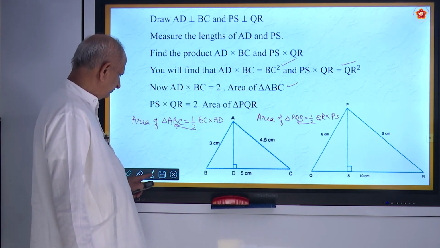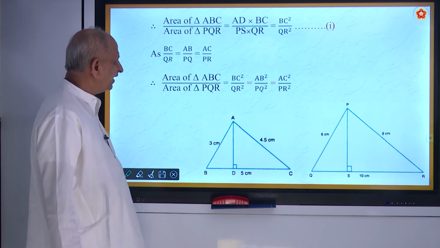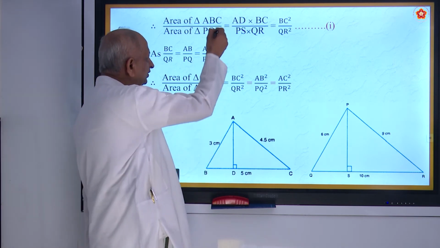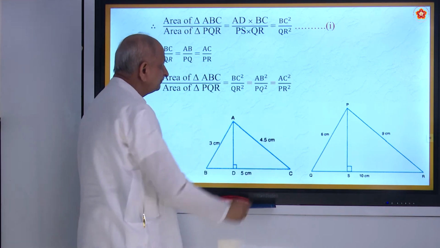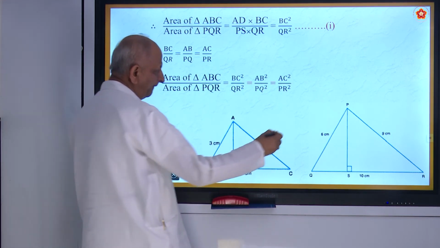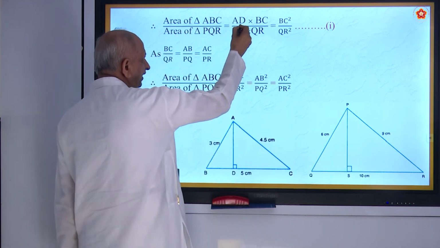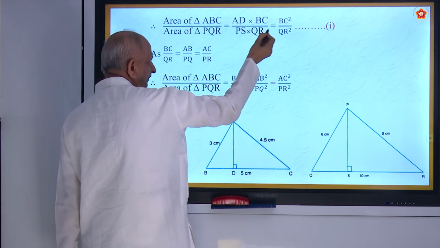So we have a result, very important result. Area of triangle ABC by area of triangle PQR is equal to AD into BC by PS into QR. So AD into BC means what? BC square. PS into QR means what?